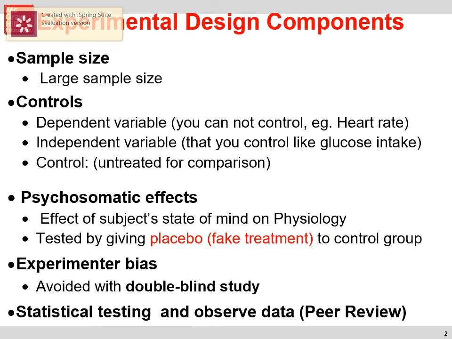So in an experimental design, you have the sample size. Sample size is the number of your samples. If you are doing a test on 100 patients, 100 is going to be the sample size. Then an experiment will have controls and variables. Control is something that is untreated for comparison. So you generally know the outcome of the control.